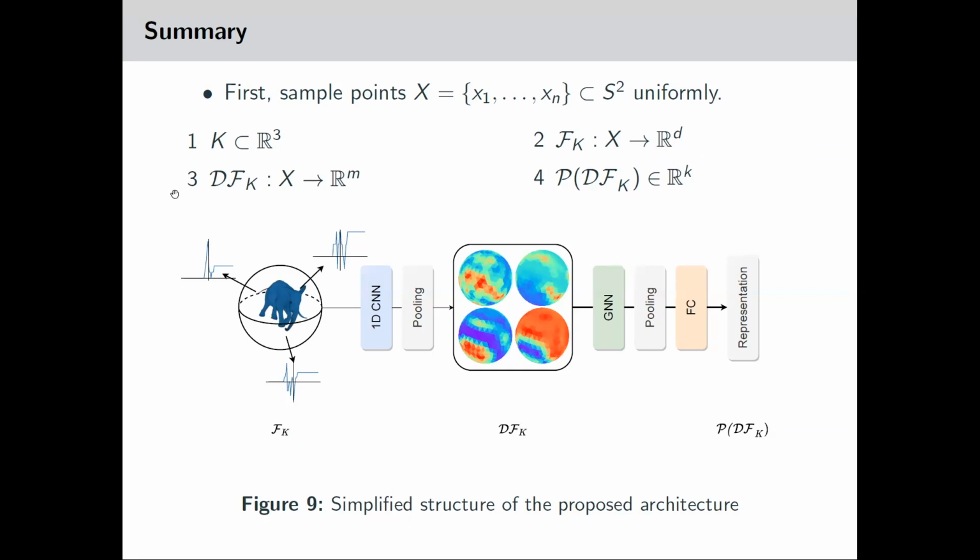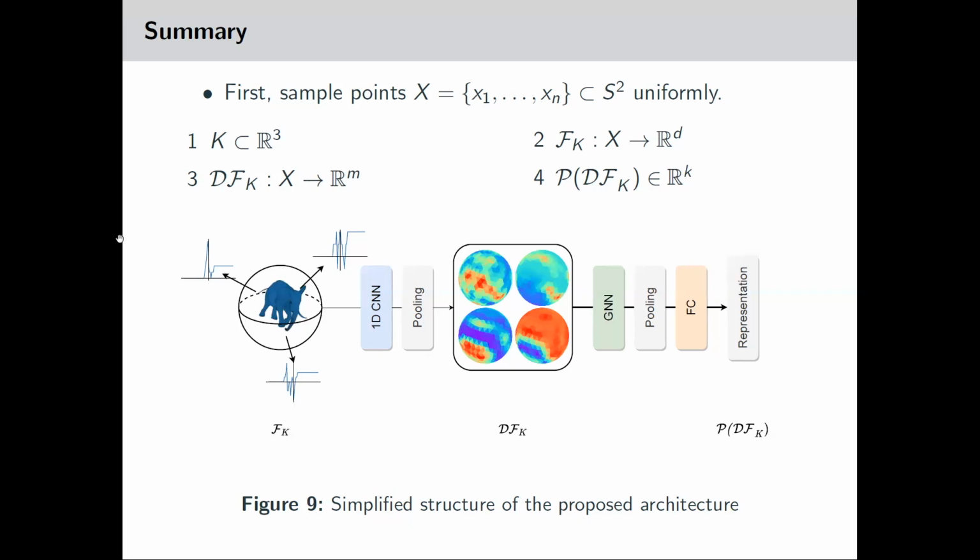Next, we use 1D CNN and a pooling layer to obtain this function, dfk. This function also was originally defined on S2, but we discretized, so we get this function from X to Rm. And I visualized the function dfk below using heat maps.